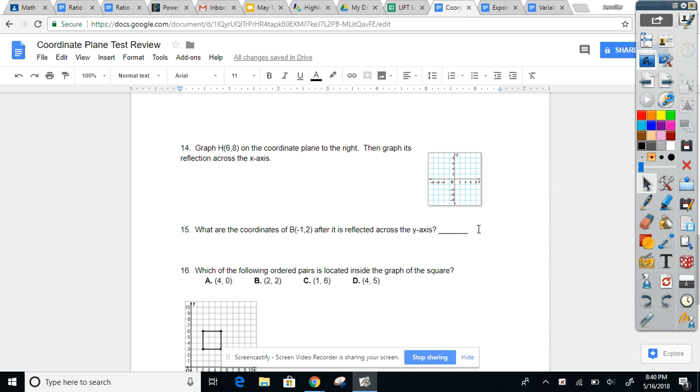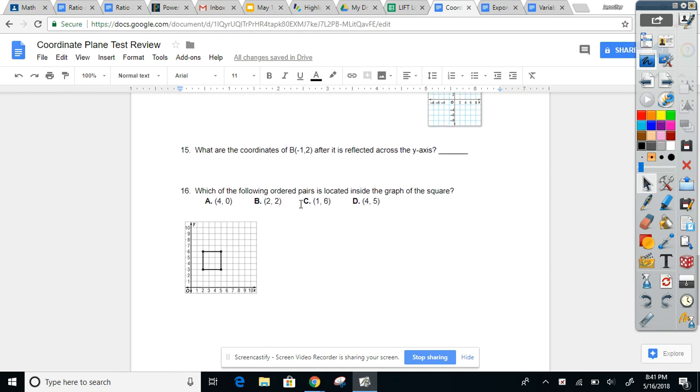Number 14, you're going to plot the point and then plot the reflection across the x-axis. Number 15, if the coordinate for point B is -1, 2, and it reflects across the y-axis, I just want you to tell me what the new ordered pair is.